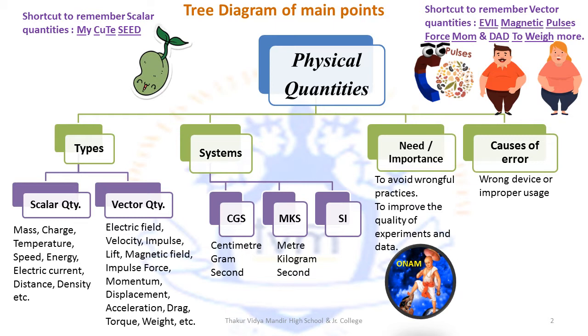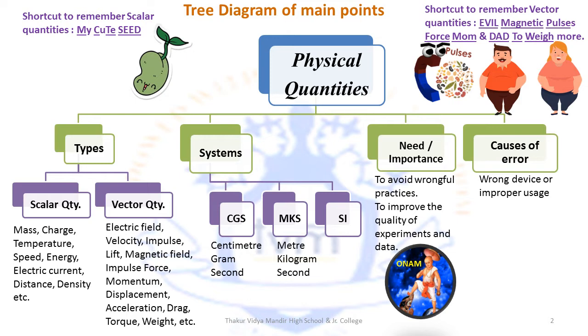Moving on, there are three systems of measuring physical quantities that have developed over time. The first system that we actually know of was using body parts to measure, like hand span, foot span, etc. Later, the CGS system, centimeter, gram, second, to measure length, mass and time.